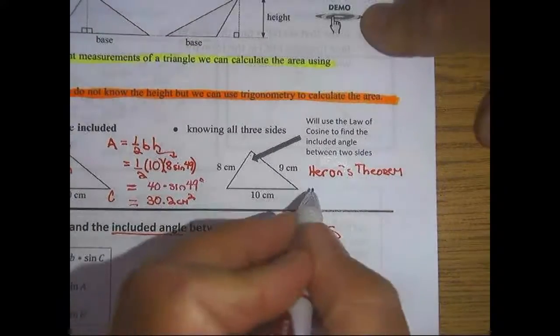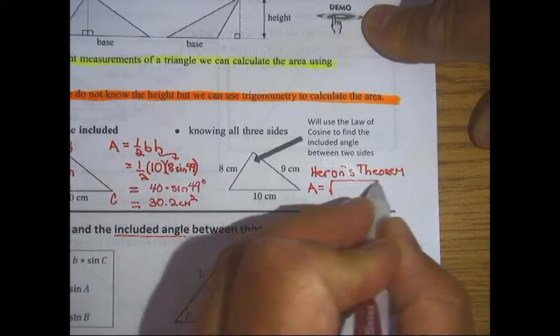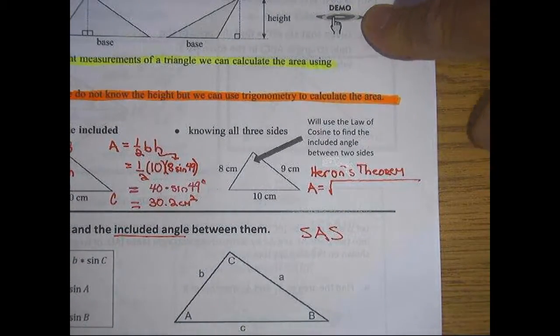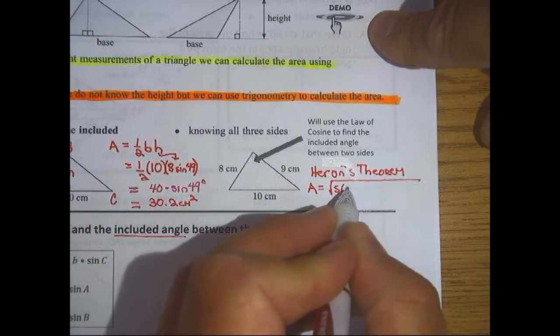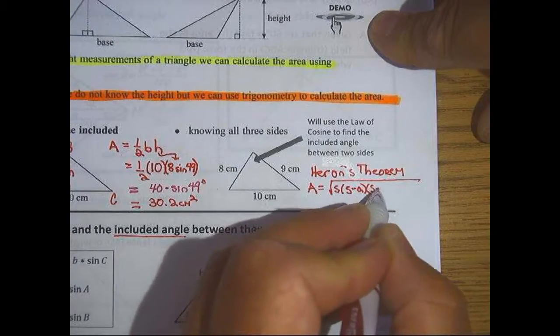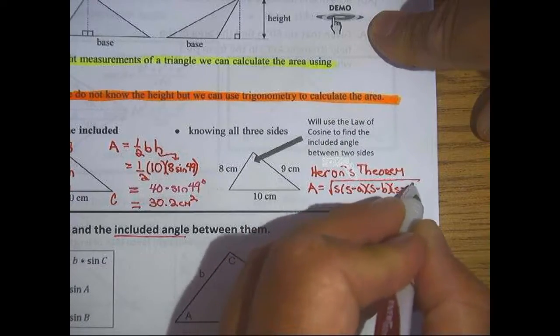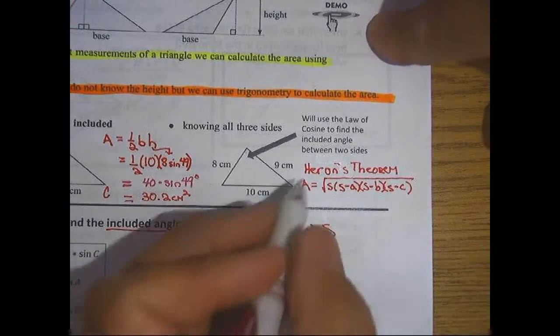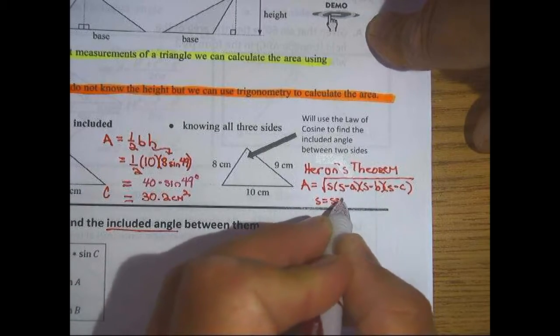All right, and the area of a triangle is equal to the square root of S times S minus A, S minus B, S minus C. And the letter S is the semiperimeter.